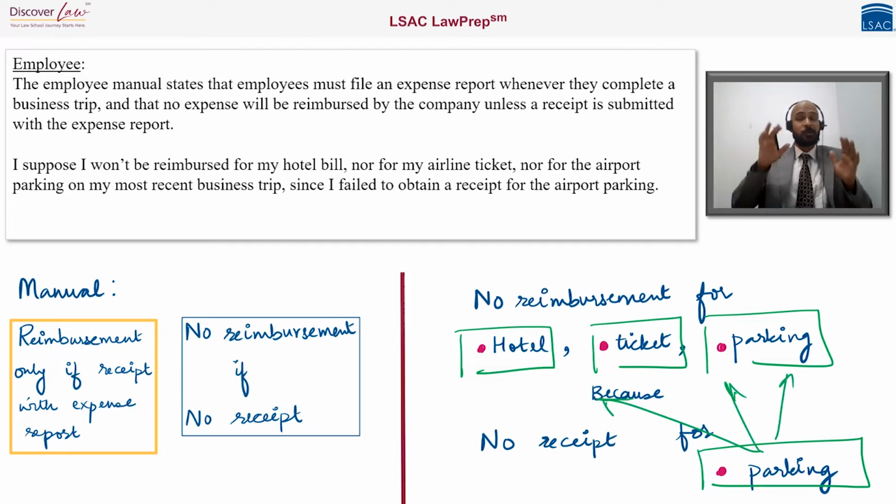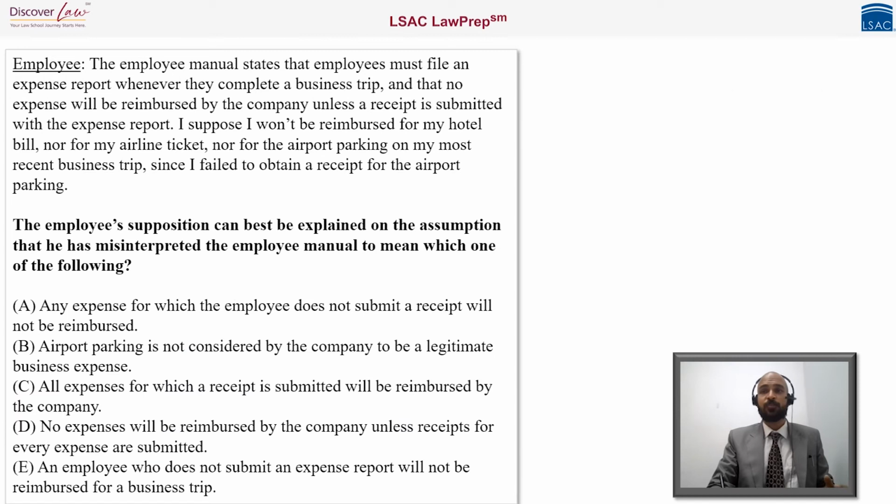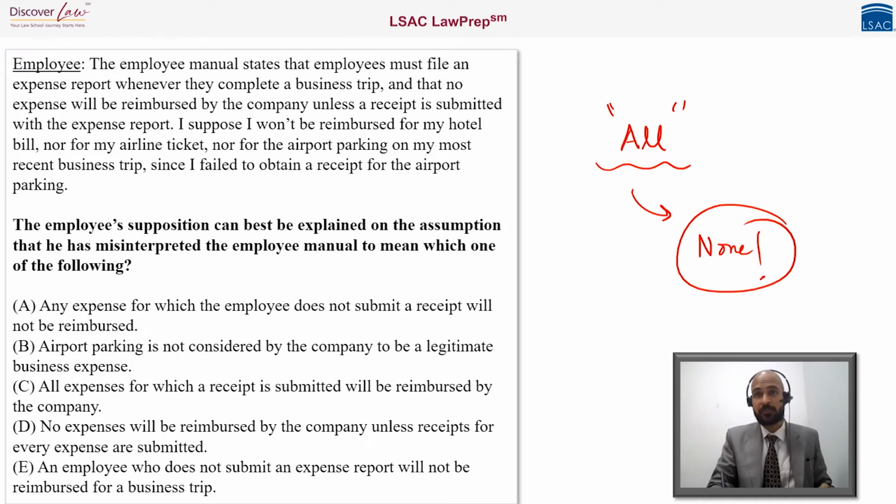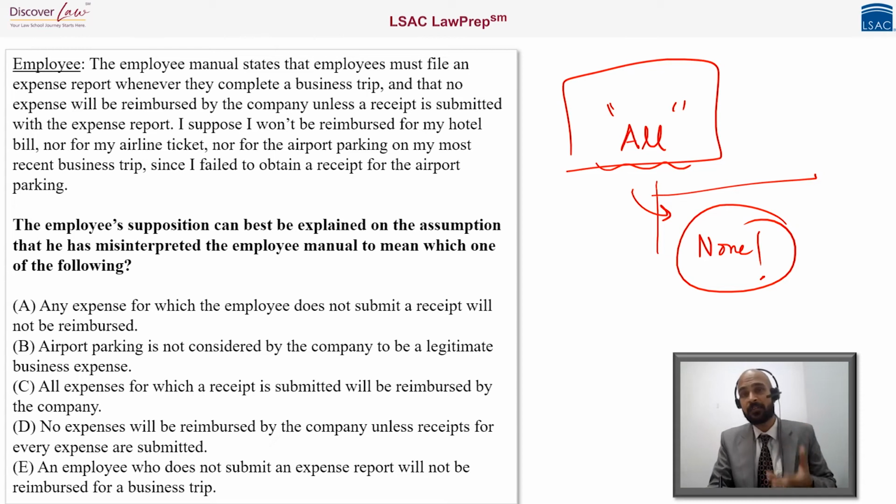I think the moment you give yourself this kind of clarity, the assumption becomes very obvious. So what we see here as the misinterpretation is that he feels that if he does not have the receipts for all, then he will receive the reimbursement for none, which means only if you have all receipts will you get back the reimbursement. If even one is missing, you will get back nothing. This is what the employee thinks.